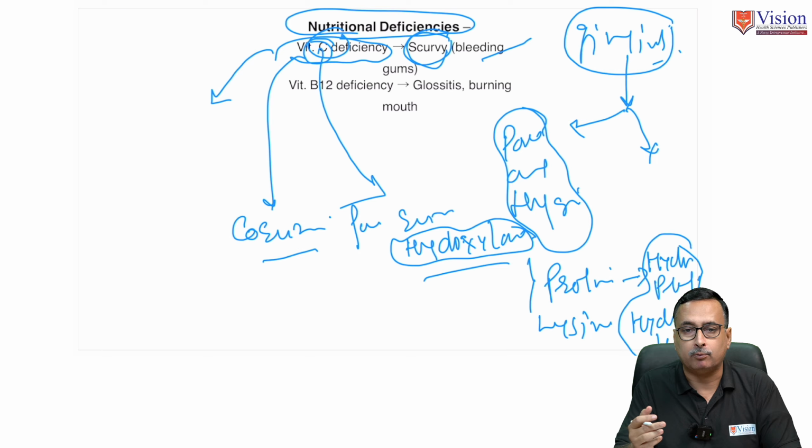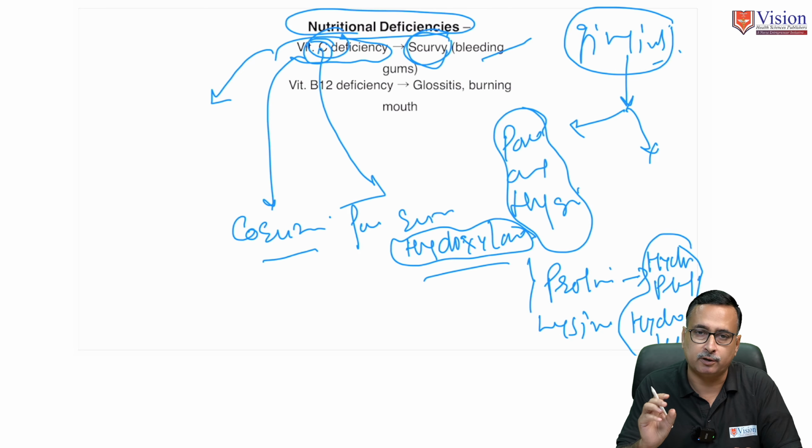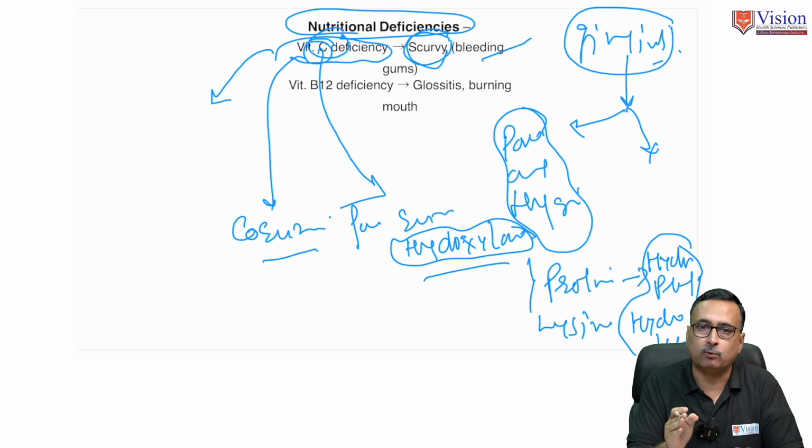These two compounds are most essential during collagen fiber formation. They provide maturity and strength to collagen fibers. I hope you have understood this. And if I go further, what is the role of collagen fibers and how are collagen fibers linked with the bleeding disorder?